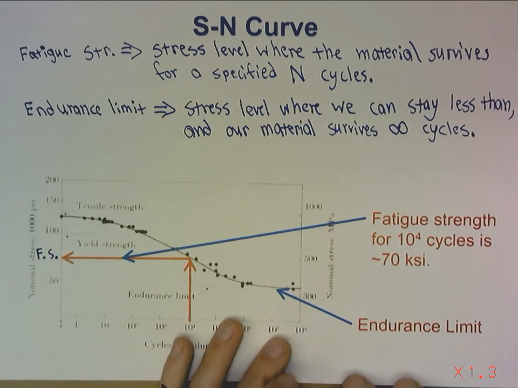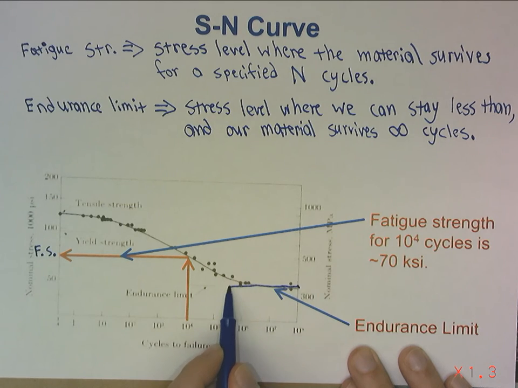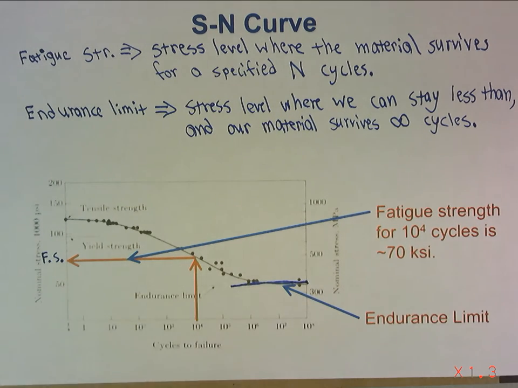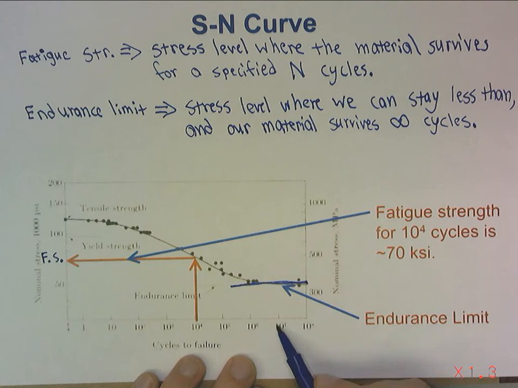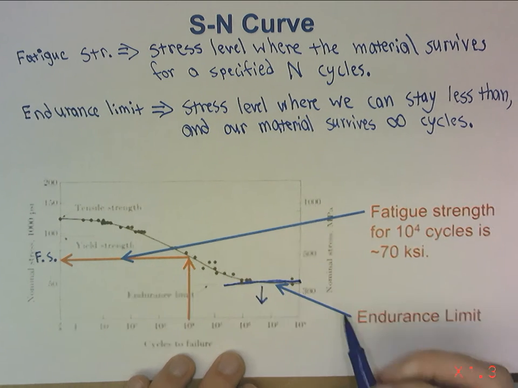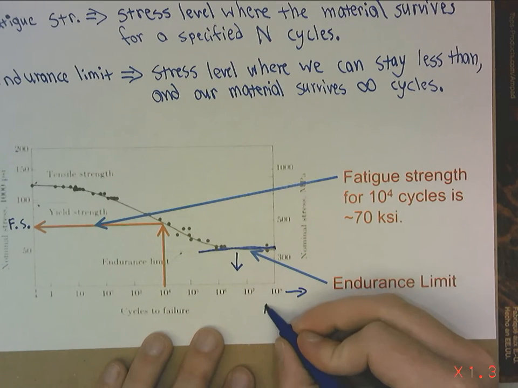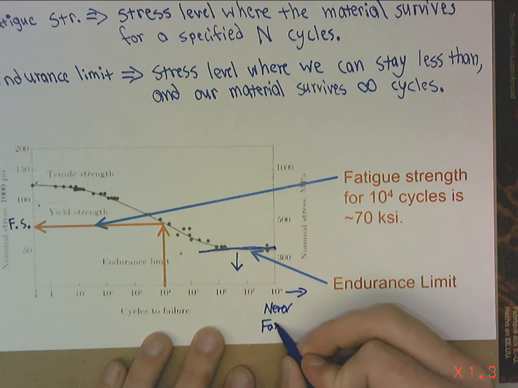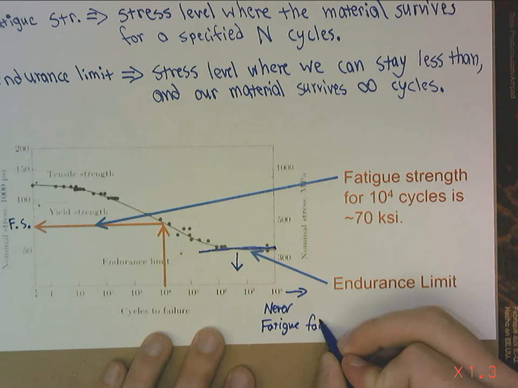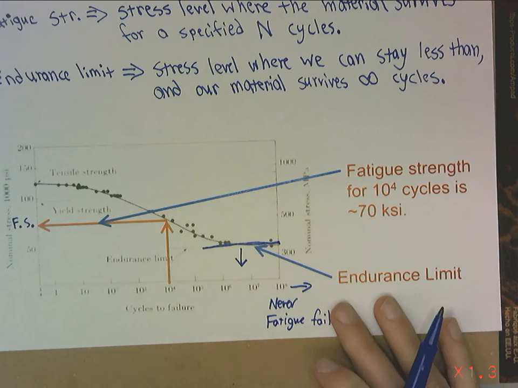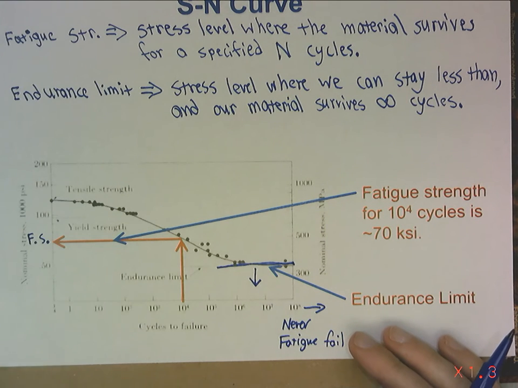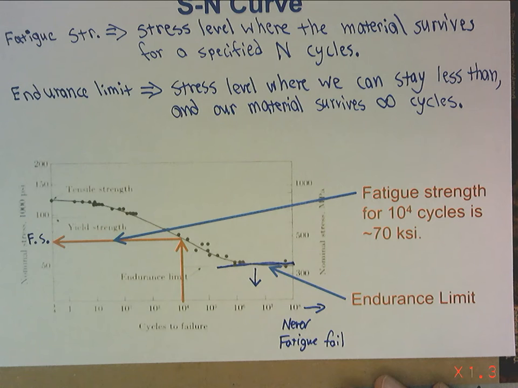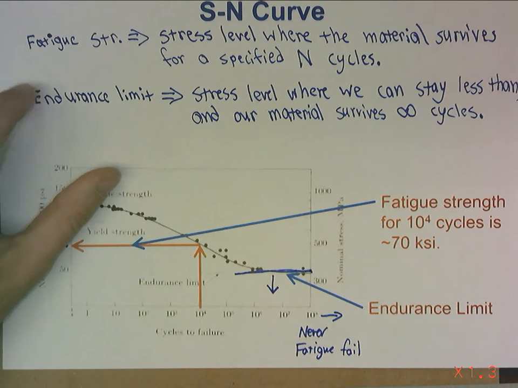So here we have essentially a flat line part on our graph. What that means is that if we go below this stress, I can theoretically keep going out in cycles and never fatigue fail. So that is the difference in a fatigue strength and an endurance limit.